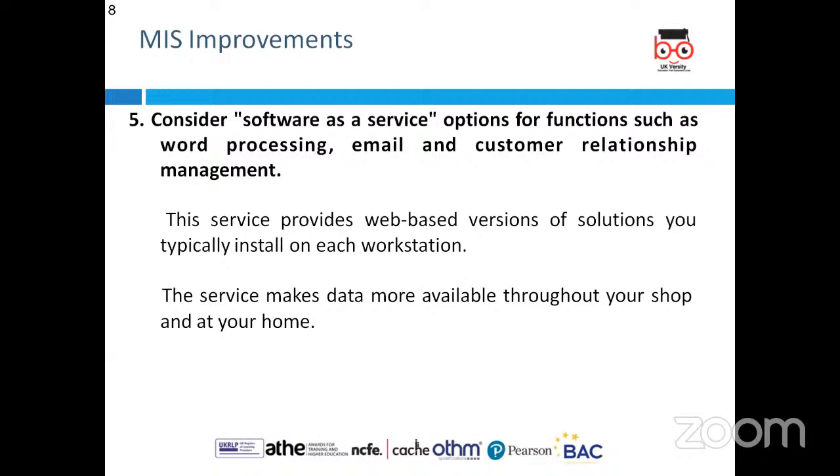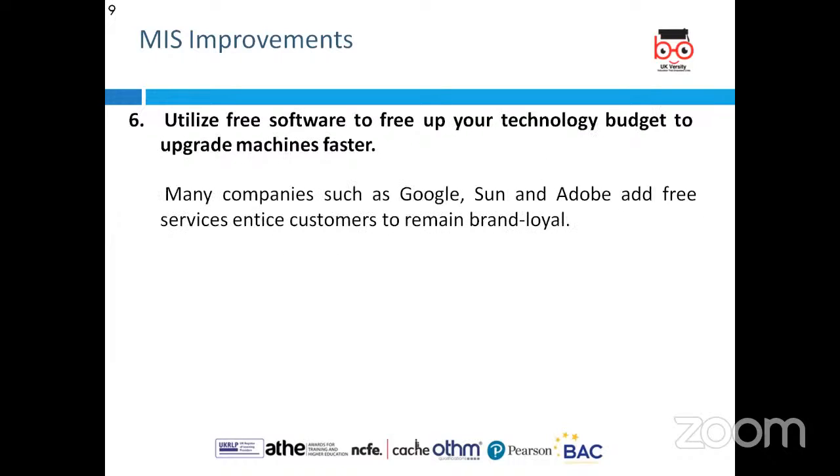Also, another step to improve MIS is by considering software as a service. By doing so, the service will provide a web-based version of the solution, which might typically be installed on each workstation.